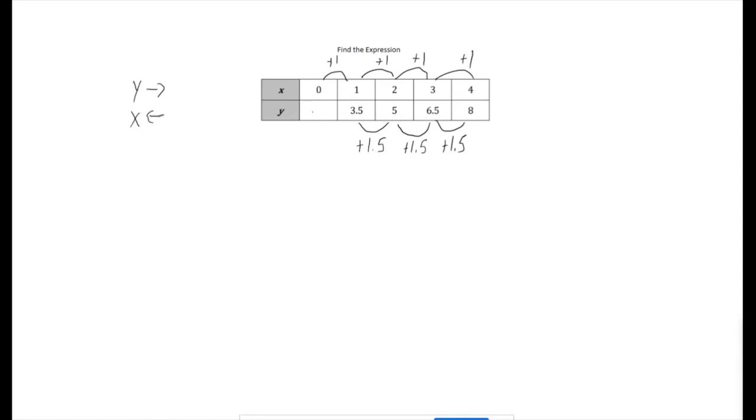Going backwards to find what y is equal to when x is equal to 0, we take the inverse operation of plus 1.5, which is minus 1.5, and we see that 3.5 minus 1.5 is equal to 2.